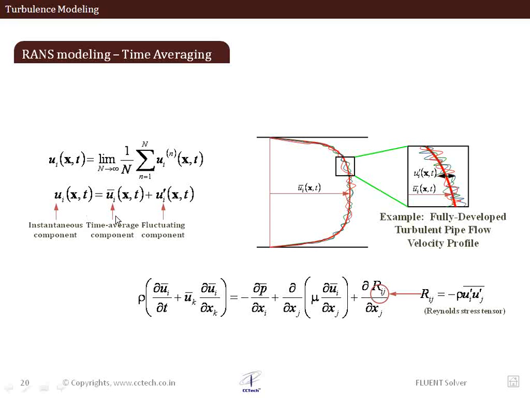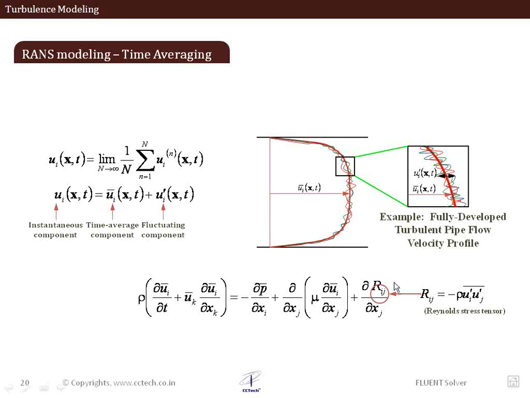So there is an instantaneous velocity containing a time averaged component and a fluctuating component. We implement this definition of the instantaneous velocity in terms of time averaged and fluctuating components into the Navier-Stokes equation. We do a time averaging on both sides, and then many terms just vanish. What is left is the Reynolds stresses, these extra u dash terms, which are fluctuating components in the x, y and z directions, and this constitutes the Reynolds stresses.